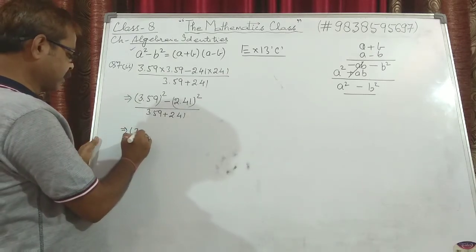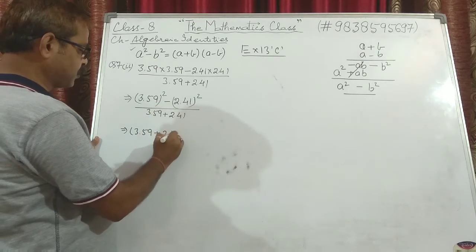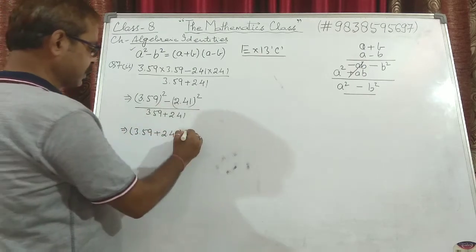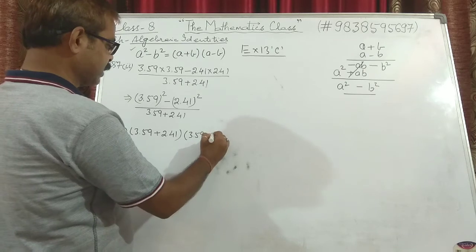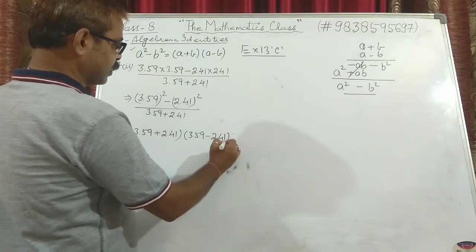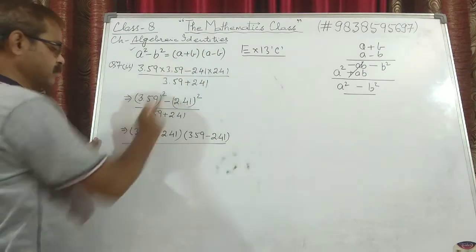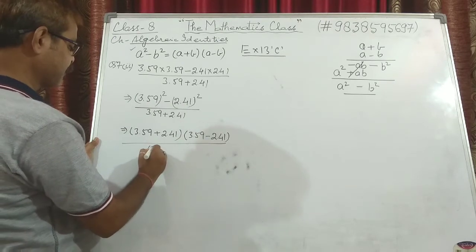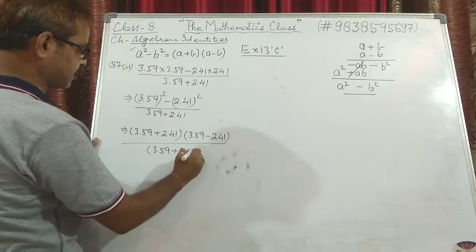So I am writing it as 3.59 plus 2.41, which is a plus b, and in the other bracket 3.59 minus 2.41. We know that a square minus b square is a plus b into a minus b, upon 3.59 plus 2.41.